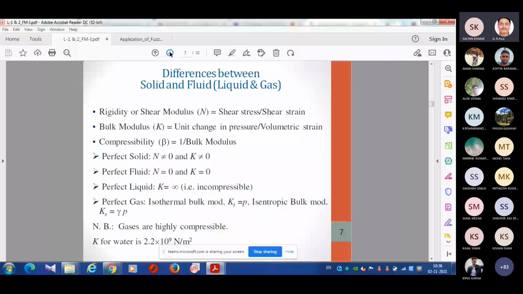But when we talk about incompressible fluid, there is a misnomer. If we call water incompressible, it is not incompressible for any amount of loading, any amount of pressure. Under a huge amount of pressure, water will also be compressible. So it is always better to consider the flow as compressible, not the fluid.